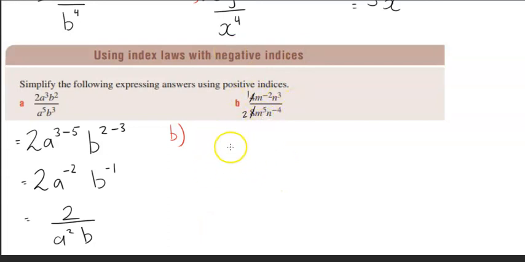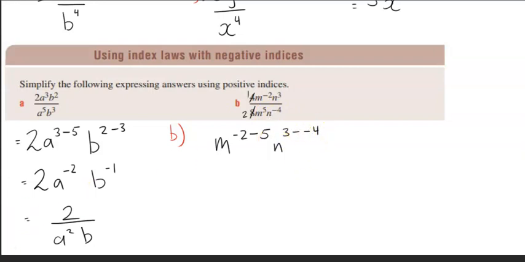So the second part, we have m to the power of -2 take away this power here, 5. So we have m to the power of -2 take away 5. Because it's a division, we're going to take it away. And then we have this n to the power of 3 taken away -4.